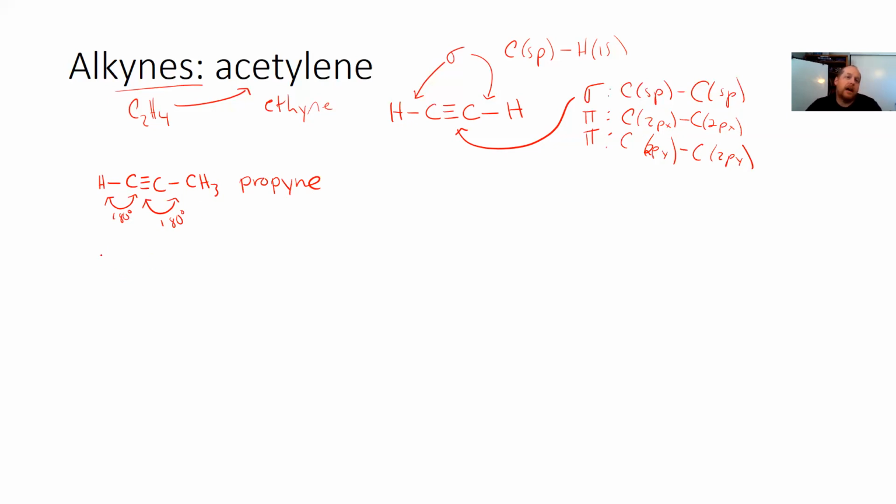If you have a 4-carbon chain with a triple bond in there. So if propyne is C3H4, you could look at having 2 versions of the C4H6 molecule, 2 versions of this butyne. And so one of them would be with the triple bond between the first and second carbons.